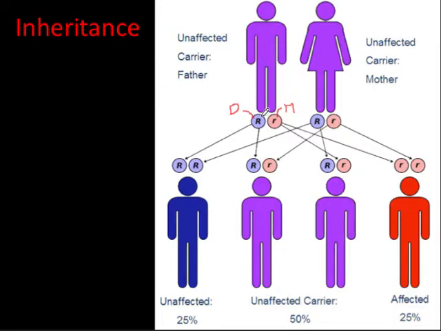So for this particular trait, you've got a homologous pair of chromosomes, and each chromosome would have a different allele on them. One allele is dominant and one allele is recessive. Same for the mother. The mother would have inherited one allele from her father and one allele from her mother.